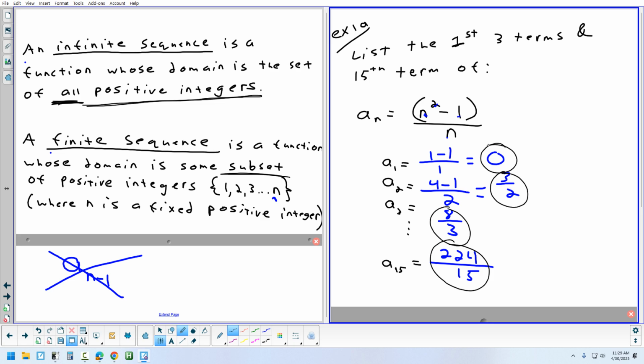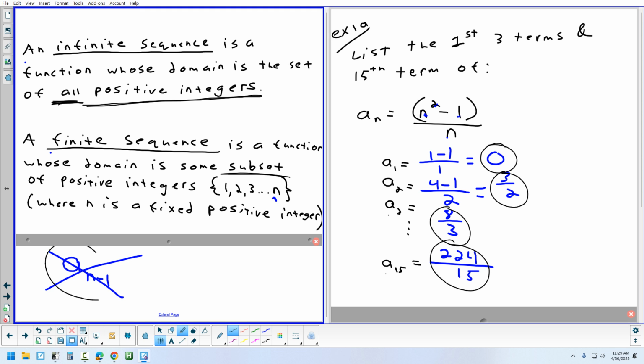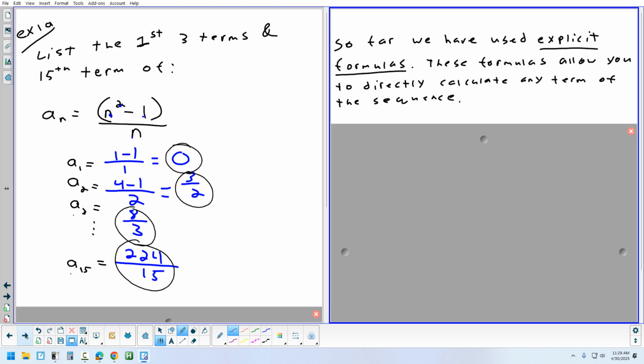Now, when I got the 15th term, did I find every one in between the 3rd and the 15th? No, I was able to skip them all because I didn't have that in the formula. If I had had that, this would have been a lot more work. Okay. But we didn't. So that type of formula that I just showed you, I think I mentioned this already, that's called an explicit formula.